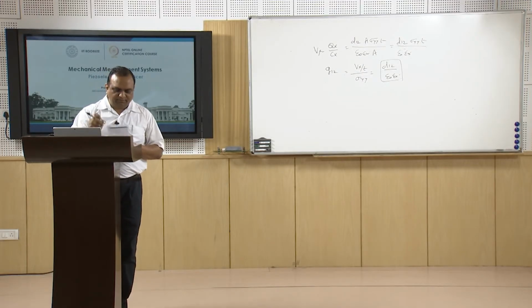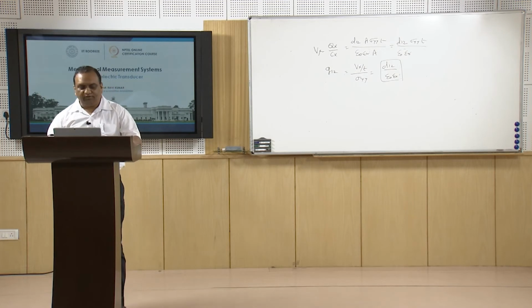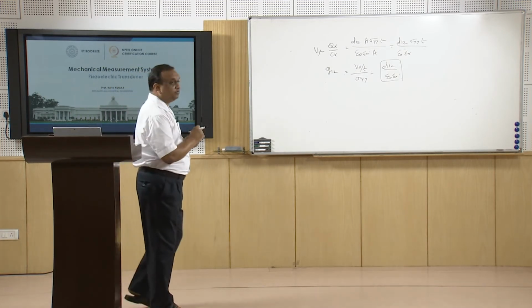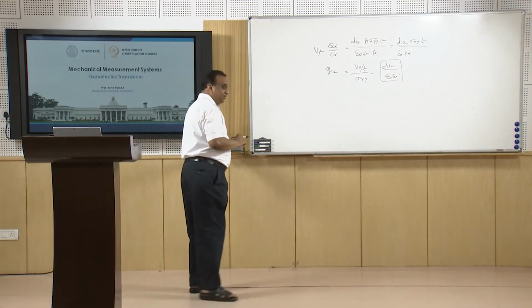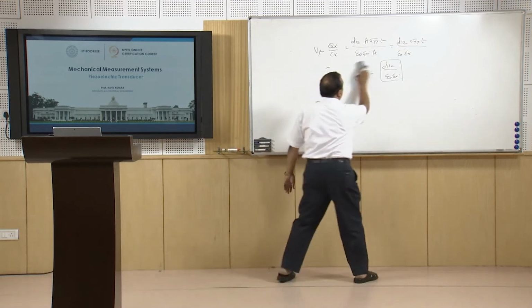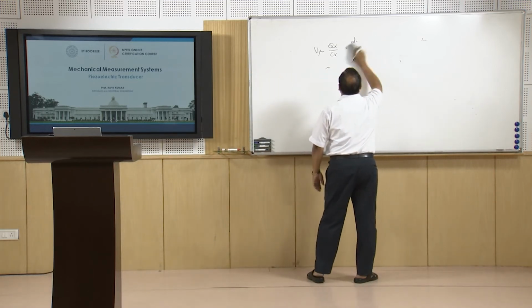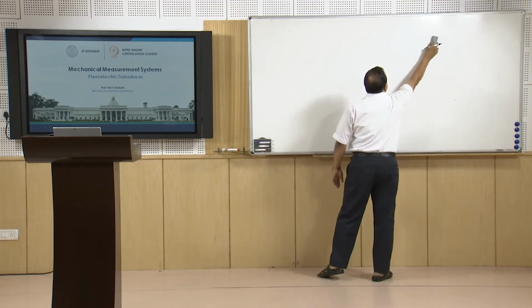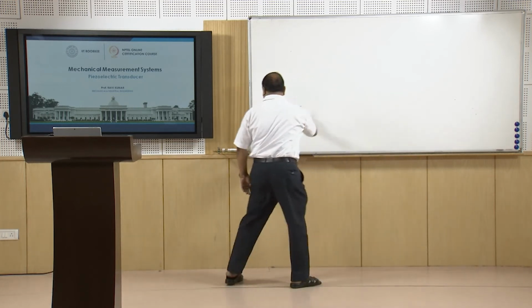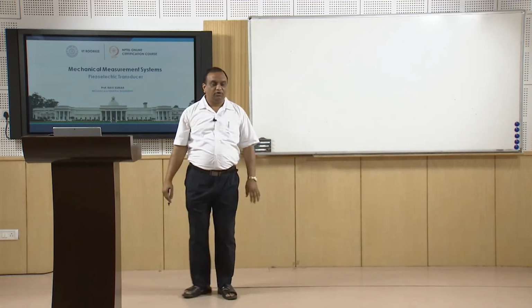Now, we'll go to the next step, we'll go for the first order response, because it is a first order system. So, if we want to have the response of a piezoelectric crystal, because it is known for a very quick response, piezoelectric crystal is known for a very quick response. So, we'll do the first order analysis of piezoelectric crystals.